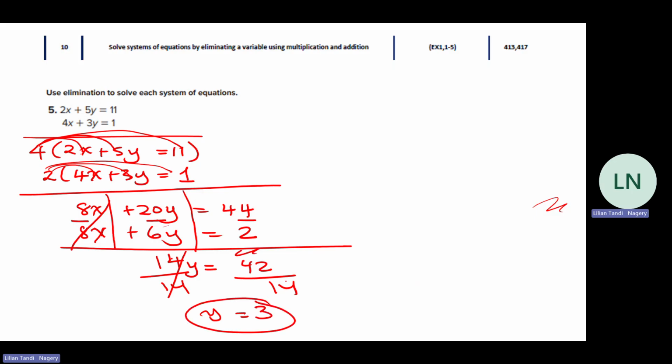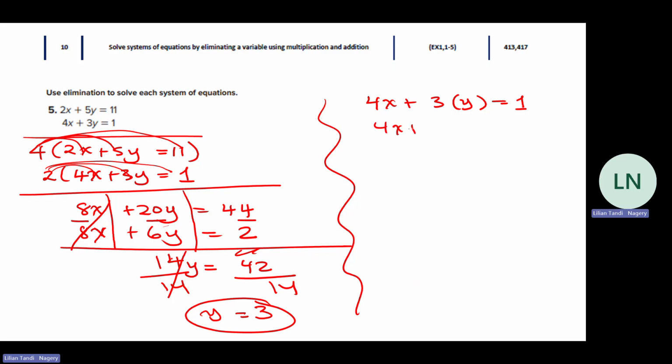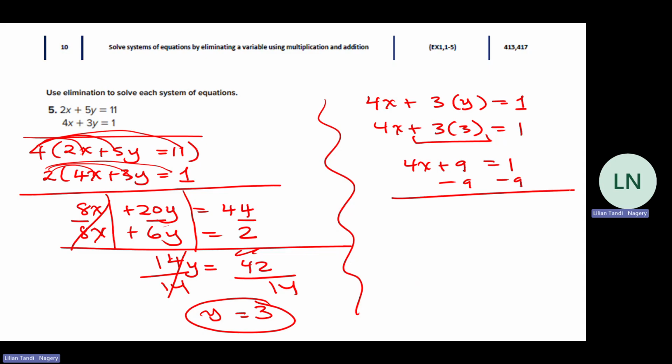Y is 3. Now find x. Okay, we'll use the second equation, 4x plus 3 parentheses y equals 1. 4x plus 3 parentheses 3 equals 1. 4x plus 9 equals 1. Minus 9 minus 9. 4x equals to negative 8.